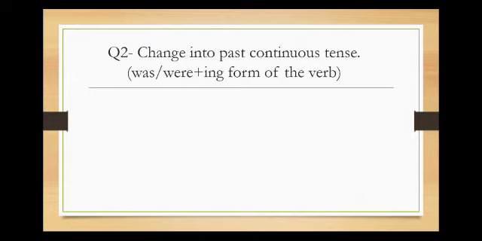Now children, let's learn how to change the given tense into past continuous tense. So remember the format: was, were, ing form of the verb. You will read the sentence and whatever tense is used, you will change it into was, were and ing form. Okay?